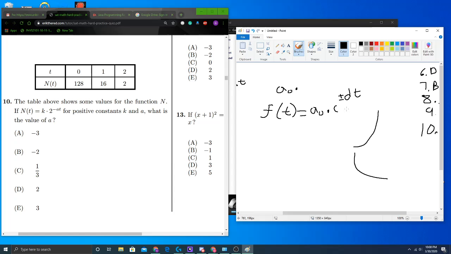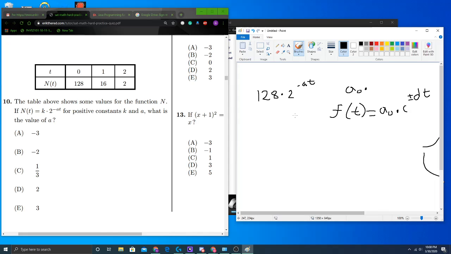So in this case, A0 is going to be equal to 128. C is going to be our 2. D is going to be our A, right? So we have to get this A. Right from here, we need to look at the pattern: 128 to 16 to 2.